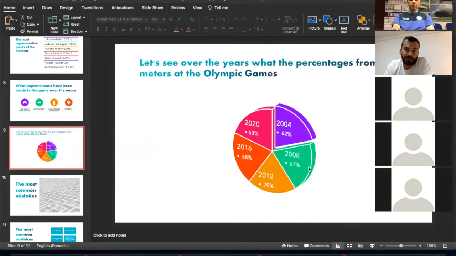In 2008, 67; 2012, 70; 2016, 68; 2020, 63. I don't know if we can understand something from that, but I'm sure that this position is continually in progress.